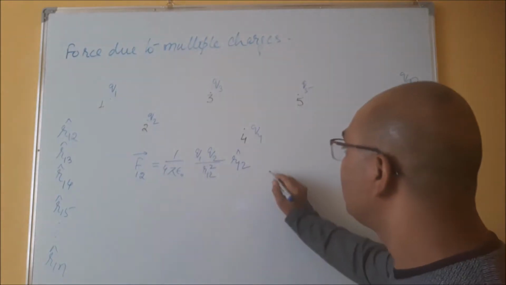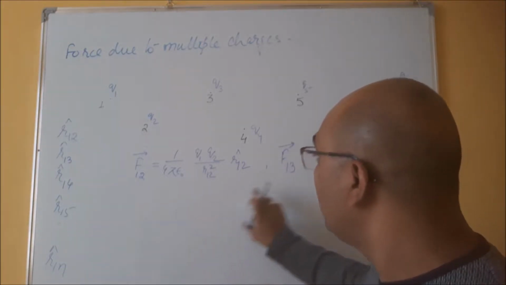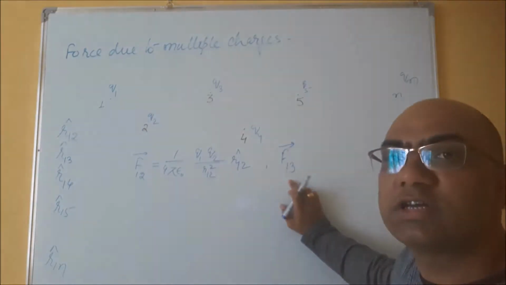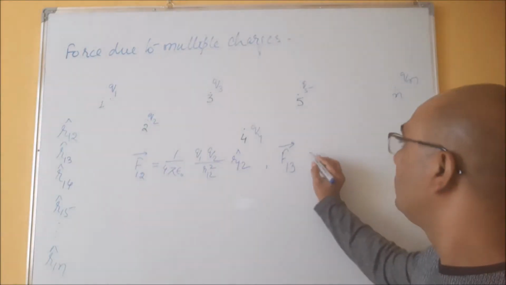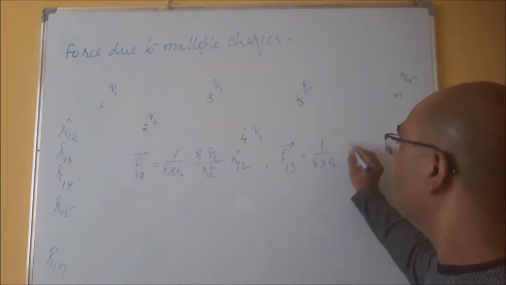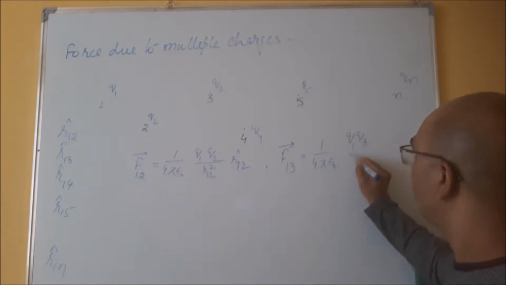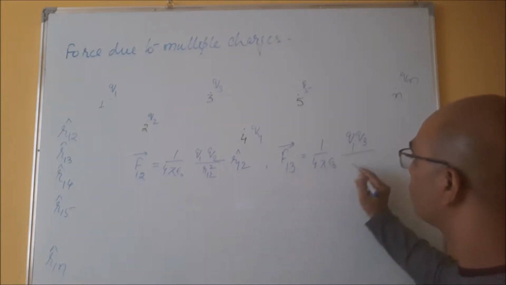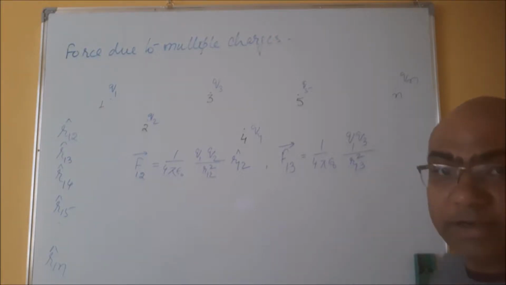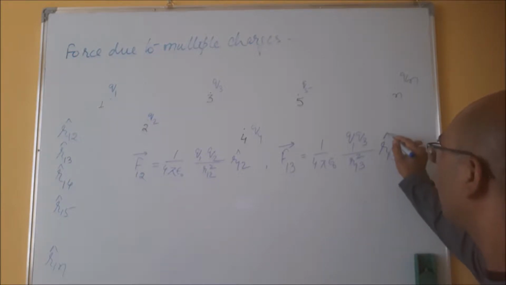Similarly, if I write f13, what is f13? The force on charged particle q1 due to the charged particle q3, and its value is 1 upon 4 pi epsilon naught, q1 q3 upon r13 square, and for the direction we take r13 cap.